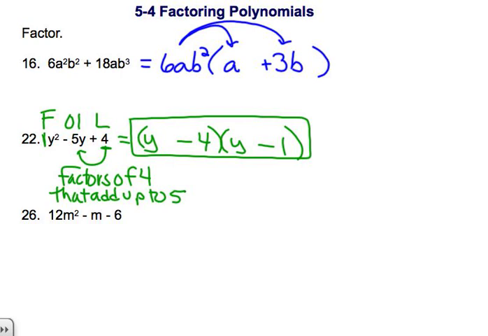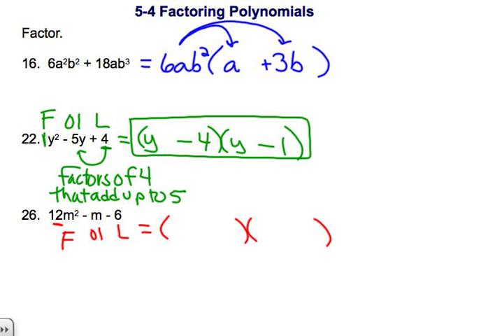Number 26 is a tougher problem than 22 because the leading coefficient is a 12. But remember, 12m squared came from the F of FOIL, negative 1 came from the OI of FOIL, and then the 6 came from the L of FOIL. There is no greatest common factor to come up with, so now it's a matter of trial and error.